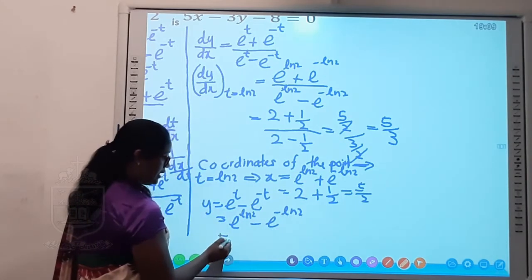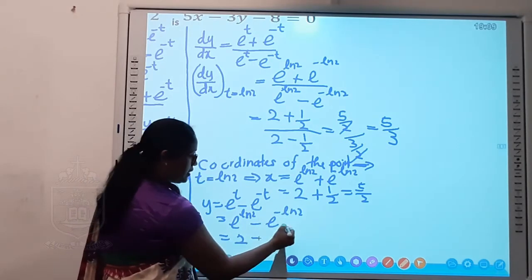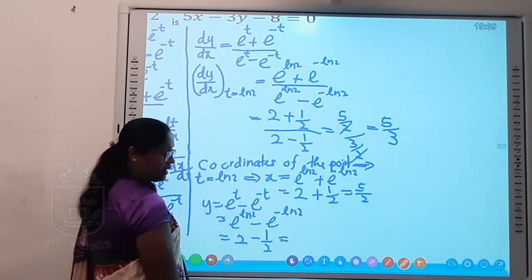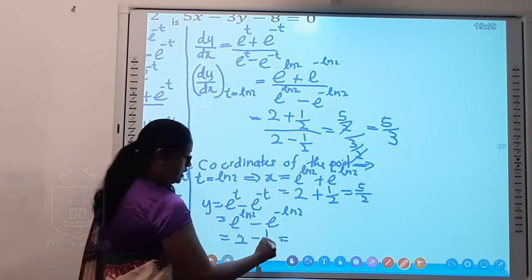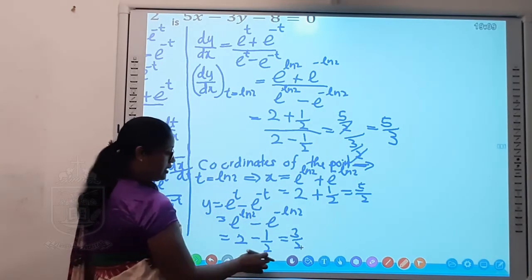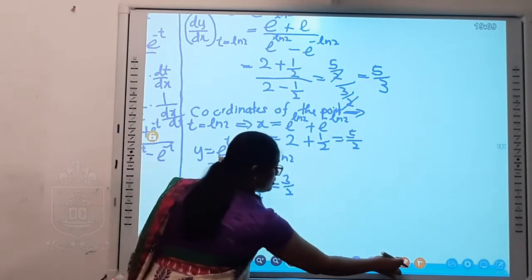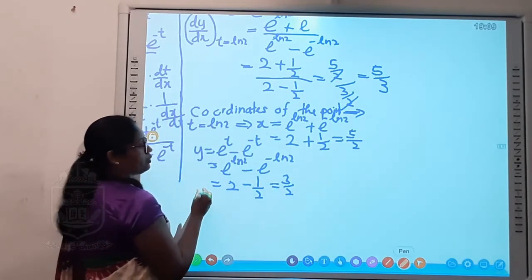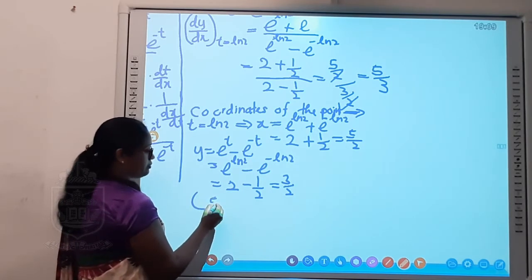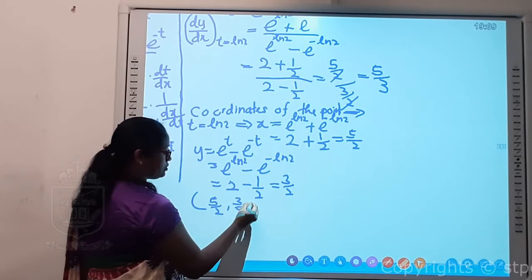Right? So e to the power ln2 is now 2 and minus this part you can write as half. So once you simplify it, you get 3 over 2. Now this is the y coordinate. So the coordinates of the respective point we can write as x coordinate 5 by 2 and y coordinate 3 over 2. Right?